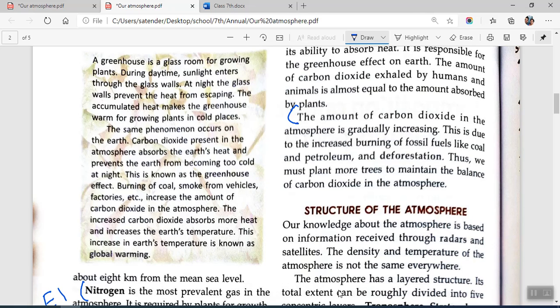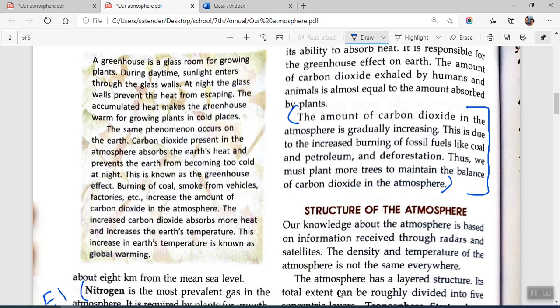The amount of carbon dioxide in the atmosphere is gradually increasing. This is due to the increased burning of fossil fuels like petroleum and deforestation. Thus, we must plant more trees to maintain a balance of carbon dioxide in the atmosphere. You'll be writing this.